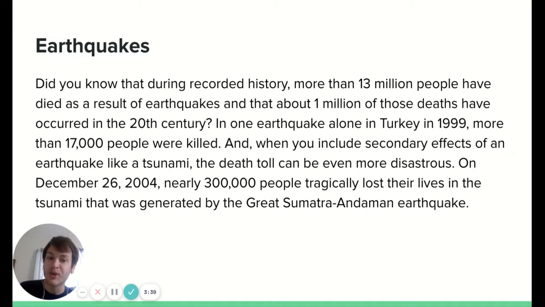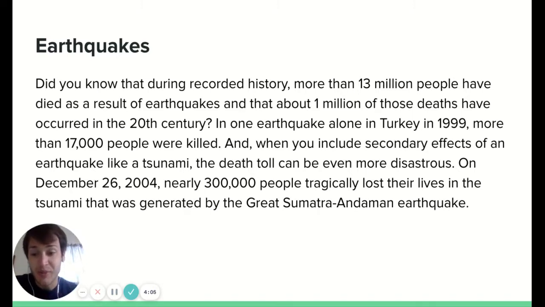In one earthquake alone in Turkey in 1999, more than 17,000 people were killed. And when you include secondary effects of an earthquake, like a tsunami, the death toll can be even more disastrous. On December 26th, 2004, nearly 300,000 people tragically lost their lives in the tsunami that was generated by the Great Sumatra Andaman earthquake.